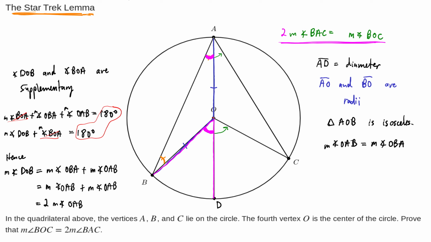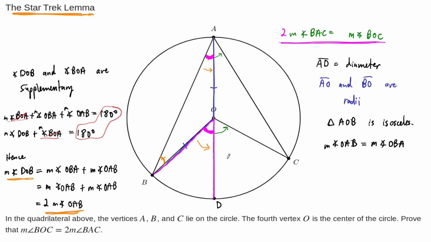So this is pretty much the setup for the proof: this angle right here is twice this one. And then you just repeat the argument with the other half of this picture. You can still use the diameter, but you just use the point C and repeat the argument altogether.